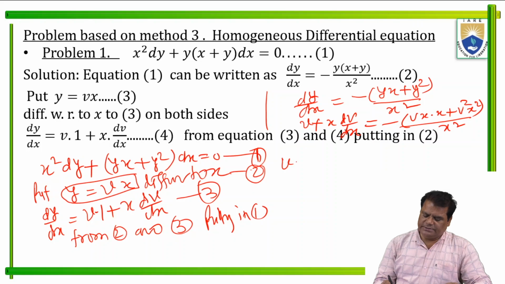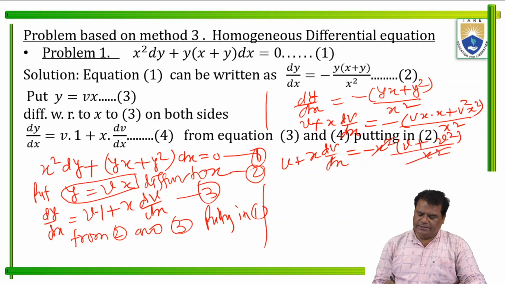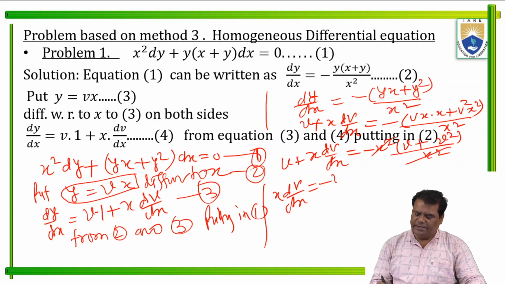So v plus x dv over dx equal to minus. Here x square is common. So here is v plus v square upon x square. X square cancels. So here is x dv over dx minus v square and minus v.